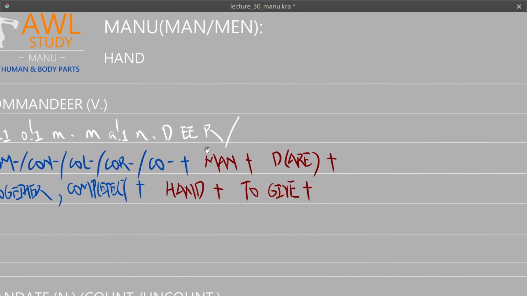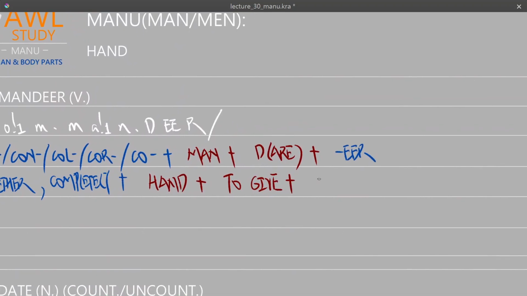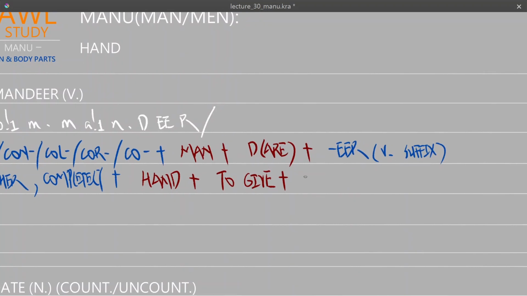And we have the verb suffix eer, meaning to do something specified.